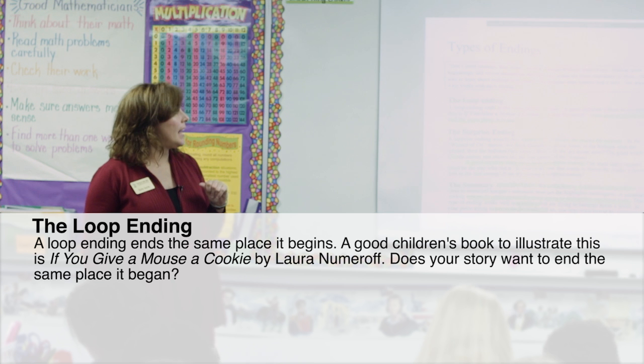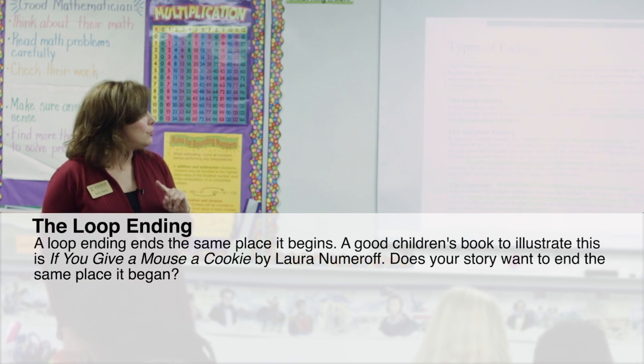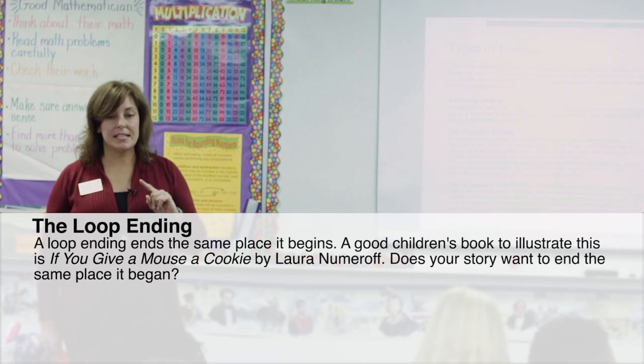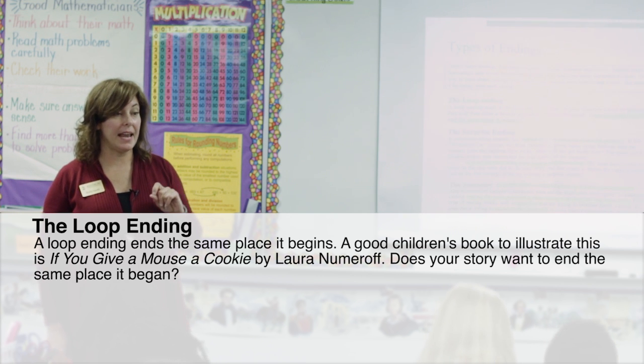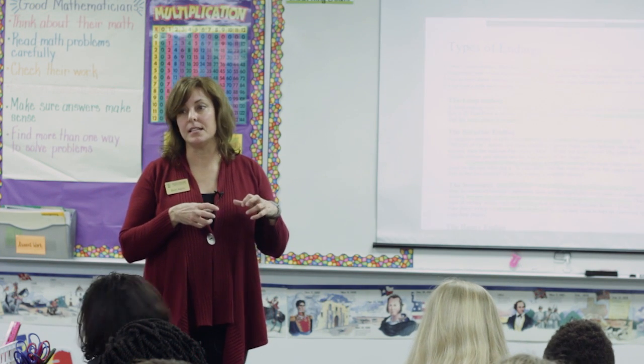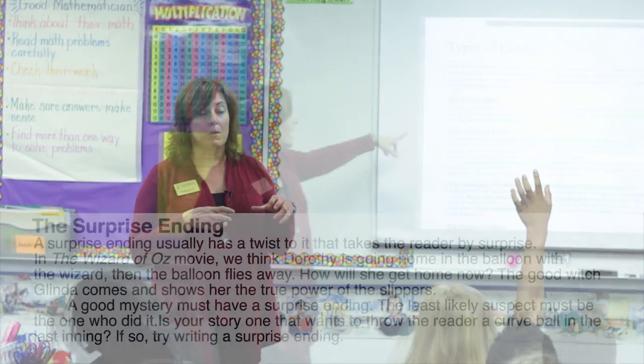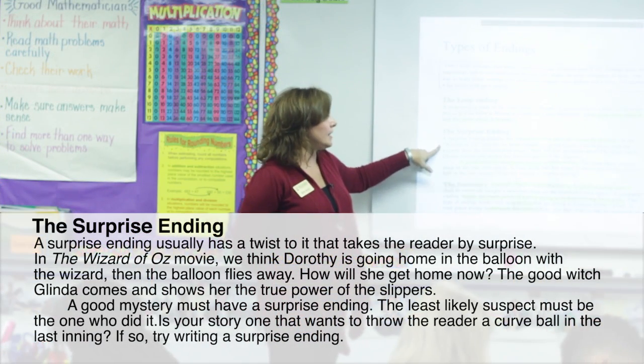That has a loop ending. And what you have to ask yourself as the writer is, do you want your story to end in the same place where it began? Do you want your character to be in the very same situation or place that they are when your story begins?